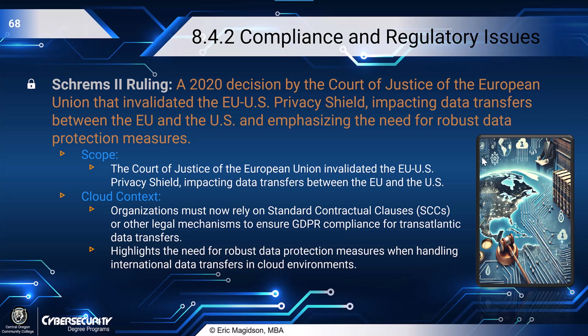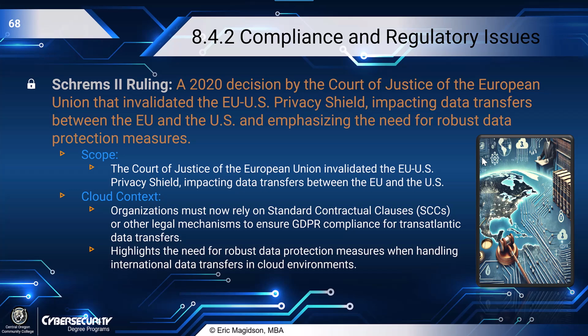Finally, there is Schrems II ruling. Now, this is sort of a negative thing that happened, right? It was a 2020 decision by the Court of Justice of the European Union that invalidated the EU-US Privacy Shield. So it impacts data transfers between Europe and the US, emphasizing the need for robust data protection. So the Court of Justice, okay, impact data transfers is what happened.